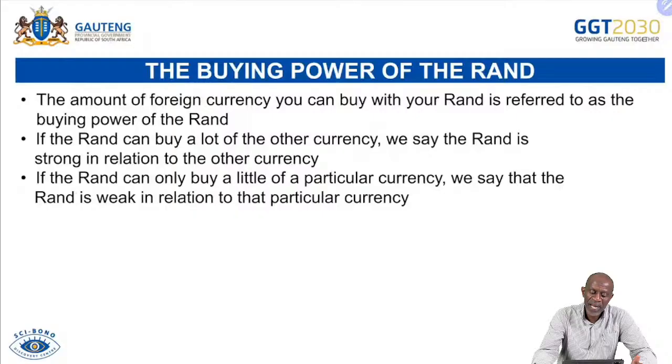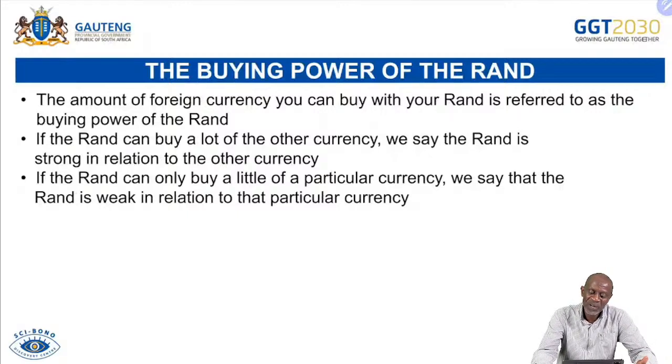If the rand can buy a lot of another currency, we say the rand is strong in relation to the other currency. If the rand can buy you 10 pula, then we would say the rand is stronger than the pula.